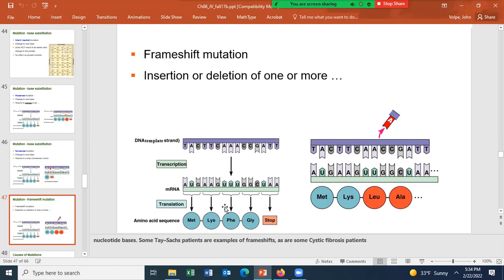Because you're removing one amino acid, but all the other amino acids in the protein are present. All right, any question about that? So a multiple of 3, either deletions or additions, is not a frame shift mutation. But an insertion or deletion of 1 or 2 or any number greater than that that's not divisible by 3 is a frame shift mutation. And some Tay-Sachs patients have frame shift mutations.